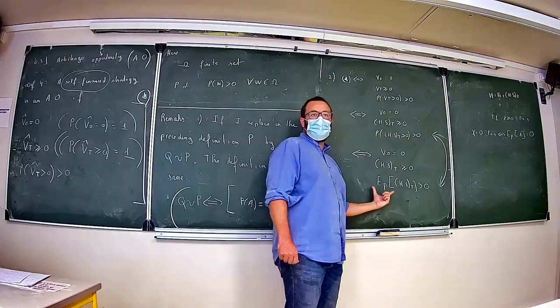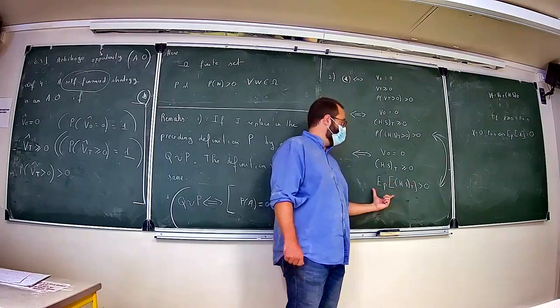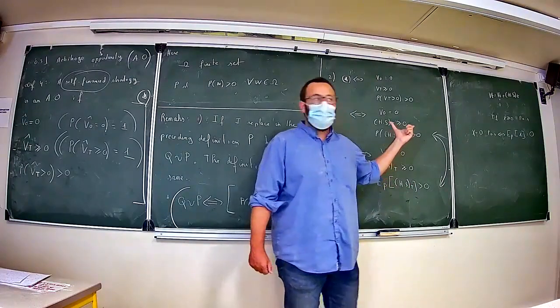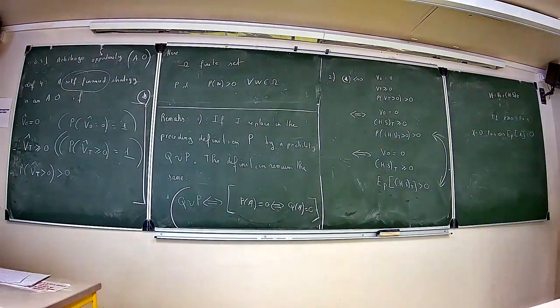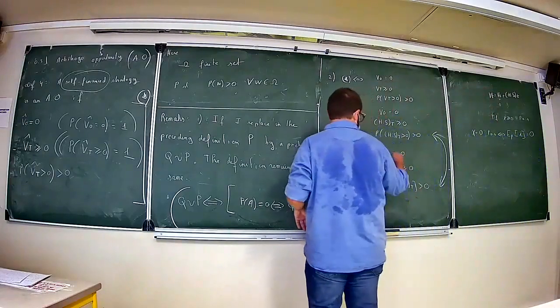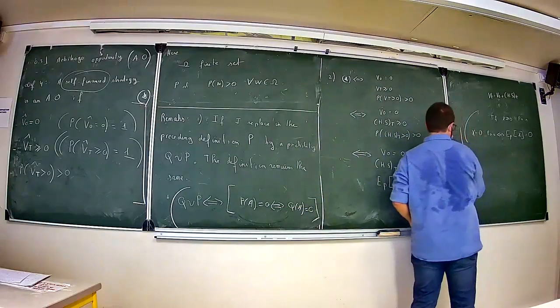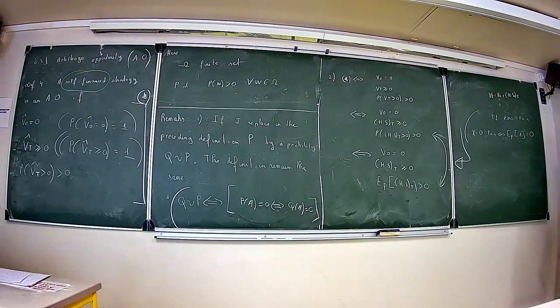Not being equal to 0 in expectation means that I am not 0. And what is the meaning of not being equal to 0 for something that is positive? That the probability to be strictly positive is strictly positive. So this one is equivalent to this one from this little result concerning probability.